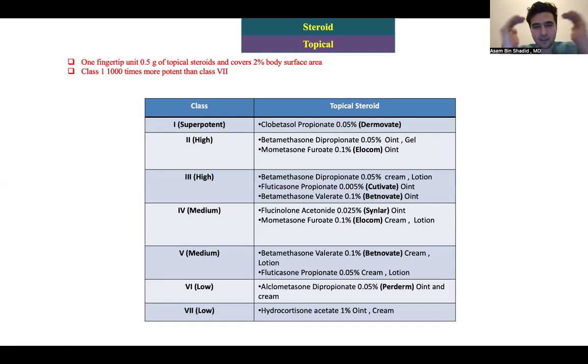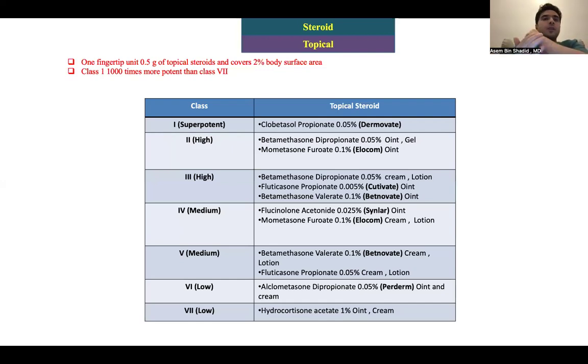This is advanced information for you, but just remember the general rule. If I have a lesion in the head and neck or in the hidden areas, genitalia, underarm, I will give what? Hydrocortisone. If I have a lesion in the abdomen, in the hand, what will I give, I have two options, either betamethasone valerate, because we have dipropionate, but we will forget about it now, or mometasone, okay? And anything in the palms and soles, you can give clobetasol easily.